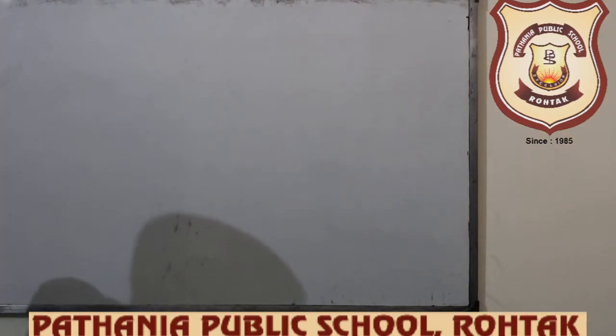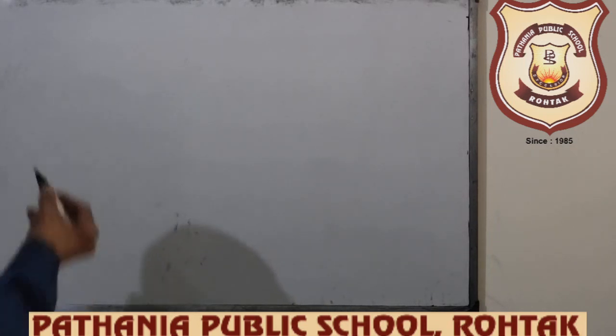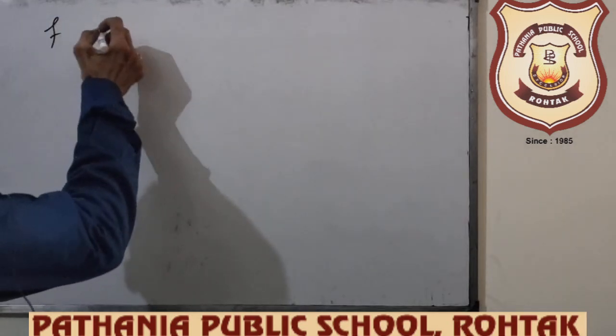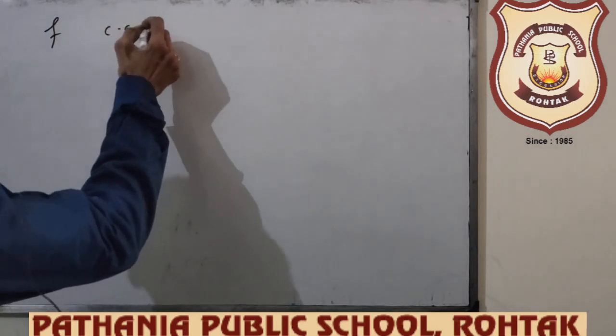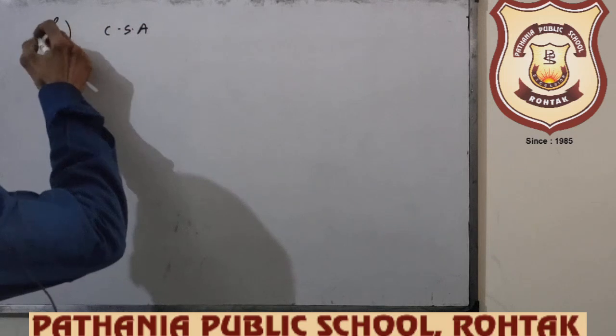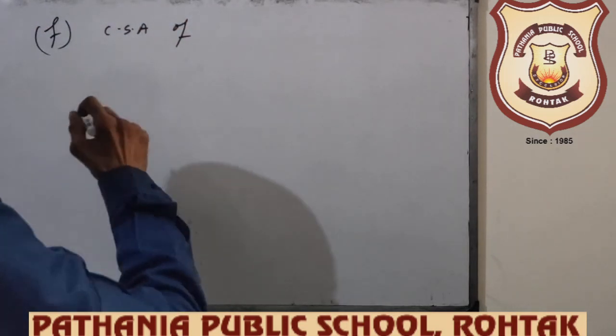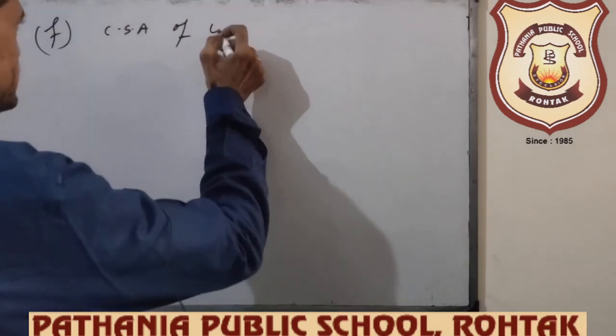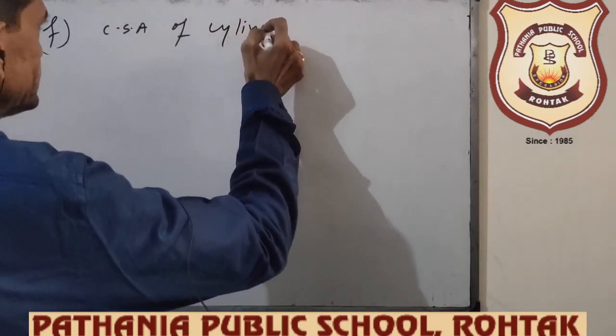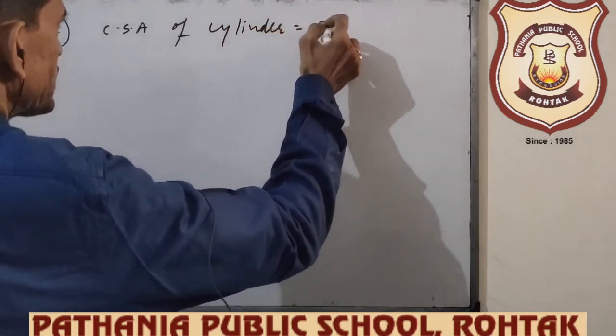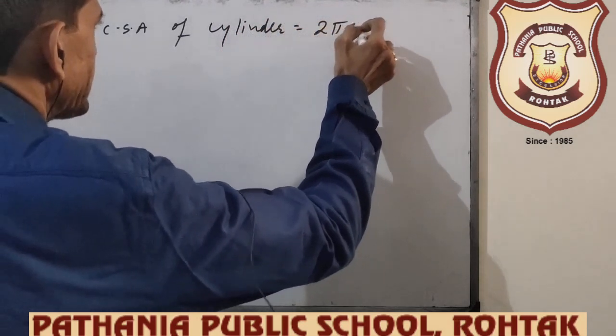F part है, curved surface area of cylinder with radius 1.4 and height is 7. Curved surface area is 2 pi r h. तो F part में curved surface area of सिलेंडर क्या होता है 2 पाई आर एच.